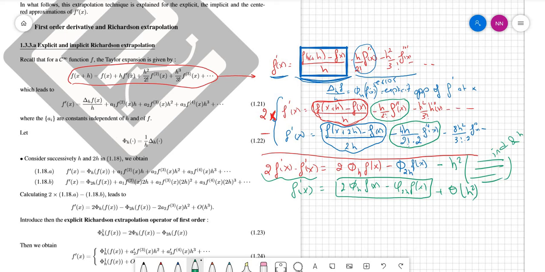So if I consider this green expression as being the approximation of the derivative, this will be an approximation with an order of h squared. Yani, if you want to have an approximation with an order h squared, all you have to do is calculate phi h, which is the explicit approximation with a step size h, and then phi 2h, which is the explicit approximation with a step size 2h, and then the first one times 2 minus the second one, and then you will have an approximation with an order h squared.